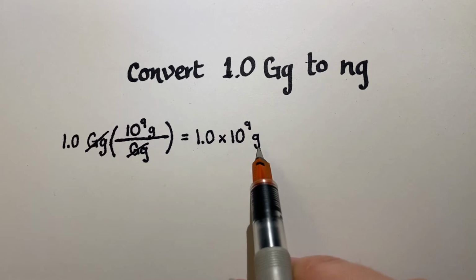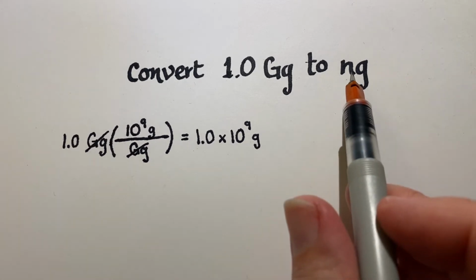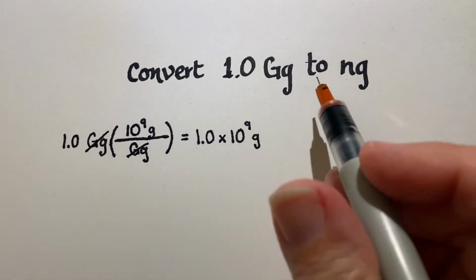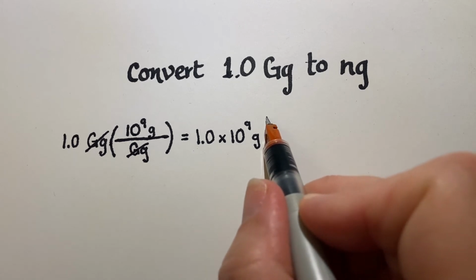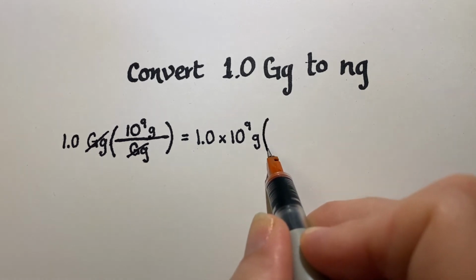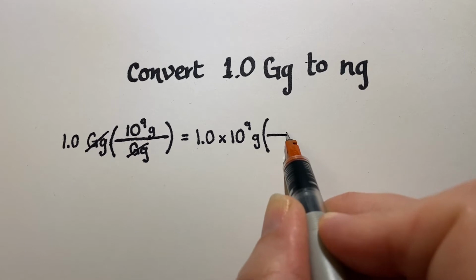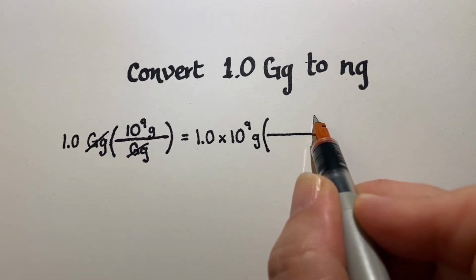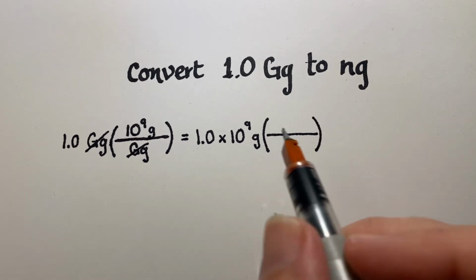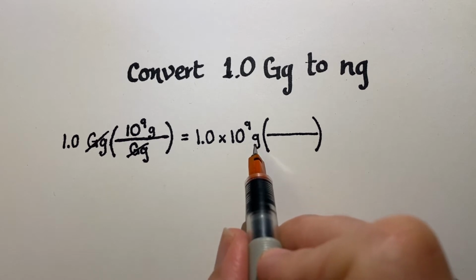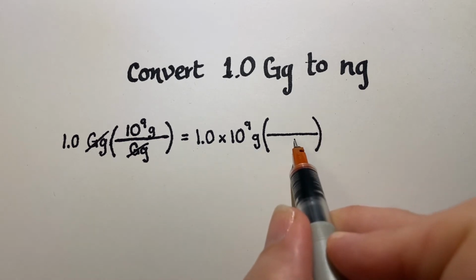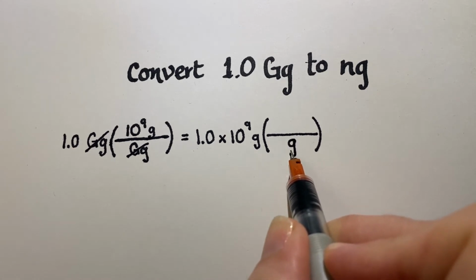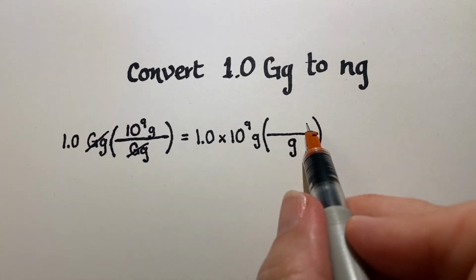And now you can convert this to nanograms. So once again, we need to think about what we are converting from and what we are converting to. Now we have grams here. We want that to cancel out, and we want to get nanograms.